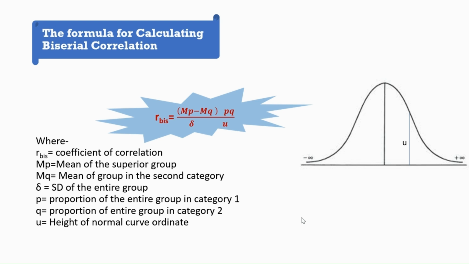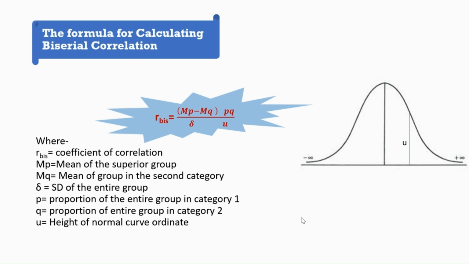As we know that the data is normally distributed, and we artificially separate this into two parts, one portion is p and another is q.